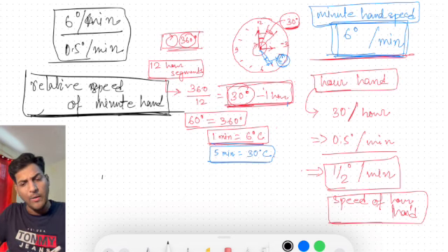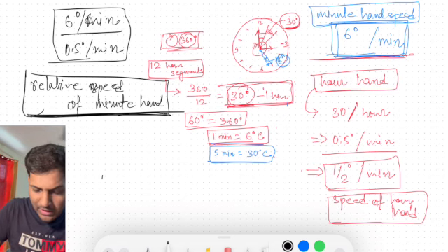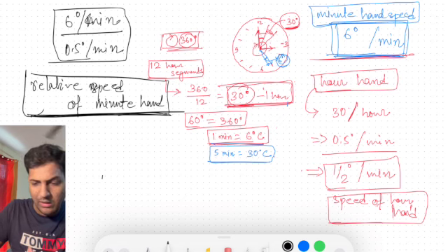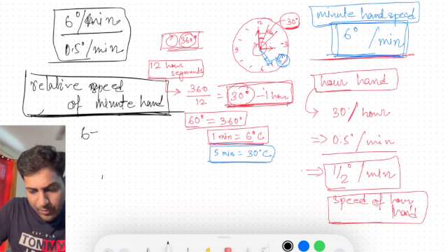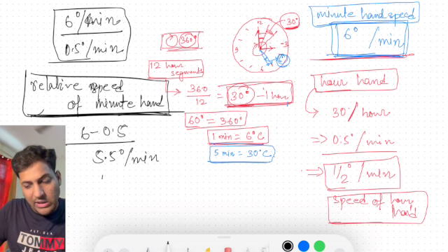How do we do that? We basically subtract the speed of hour hand from minute hand. That means 6 minus 0.5, that is 5.5 degrees per minute. This is the relative speed.